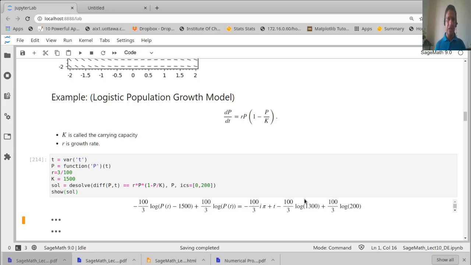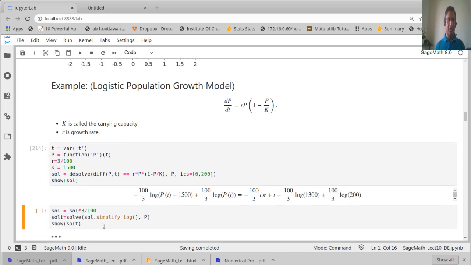It is minus 100 upon 3 into log of p(t) minus 1500 plus 300 by 3 log of p(t) is equal to this. Now if you look at this solution, everywhere you can see it is a multiple of 100 by 3. So let us divide this by 100 by 3 and try to simplify. Instead of the solution, let us look at the solution into 3 by 100, dividing by the common factor, let us cancel it out, and then we can solve this for p.